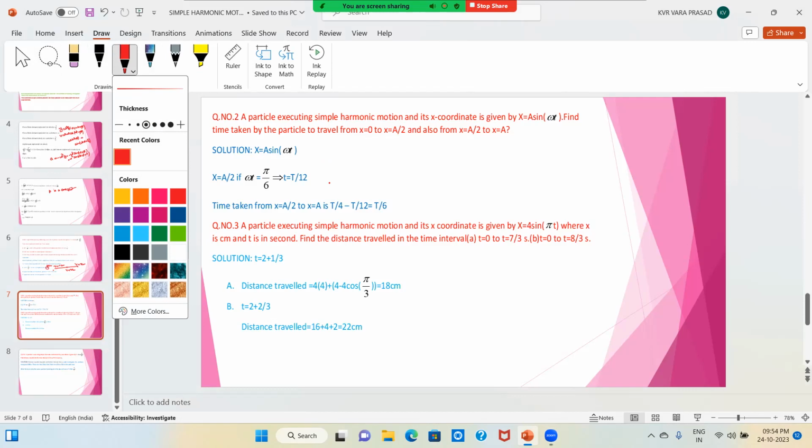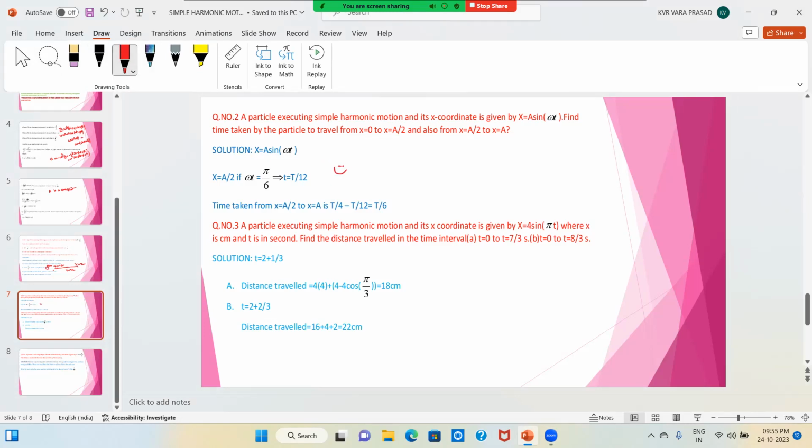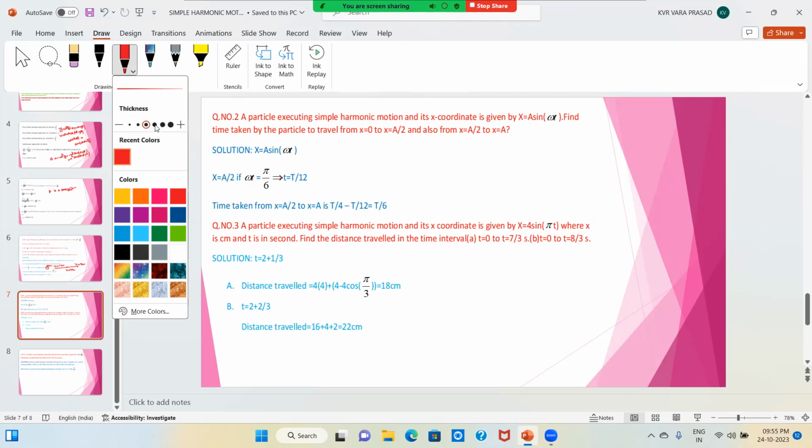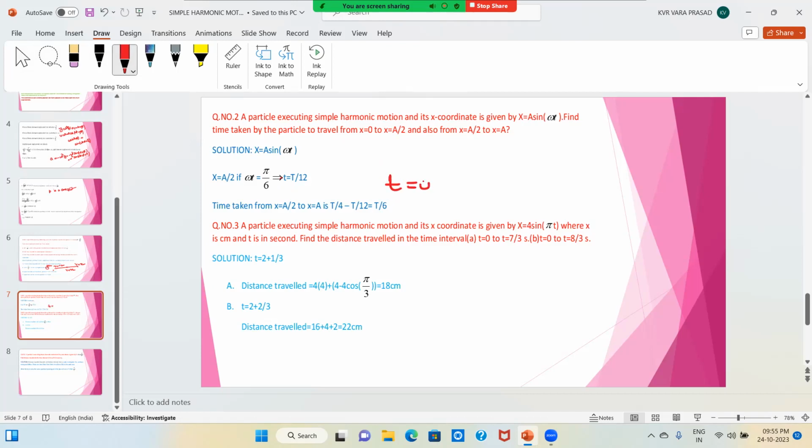So when t equal to 0, x equal to 0. Now x equal to a by 2 means omega t should be equal to pi by 6.